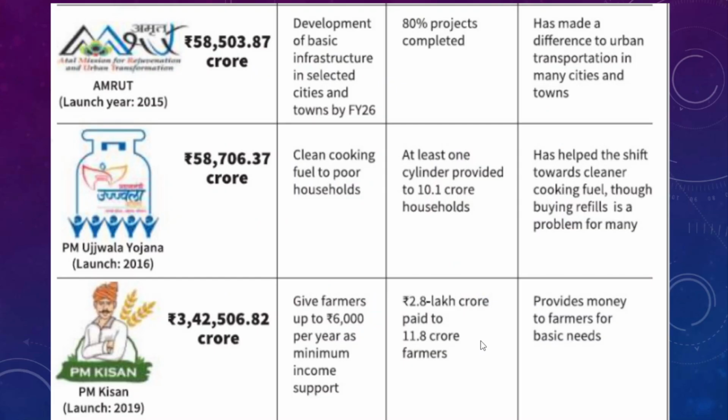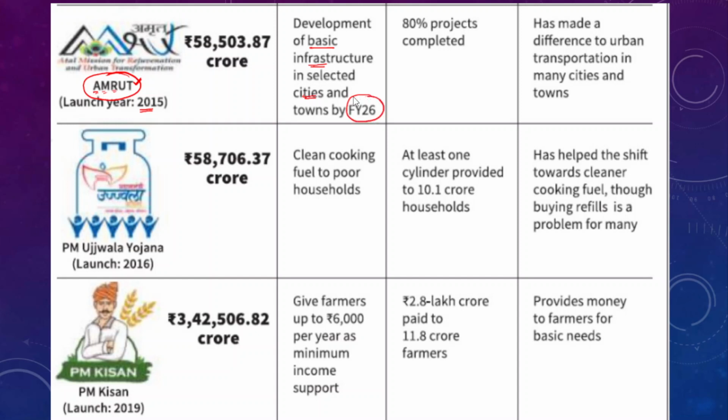So after that, the government has also launched the Amrut program. Amrut means Atal Mission for Rejuvenation and Urban Transformation. This scheme was launched by the government in the year 2015. The basic objective of this program is the development of basic infrastructure in selected cities and towns by financial year 2026.